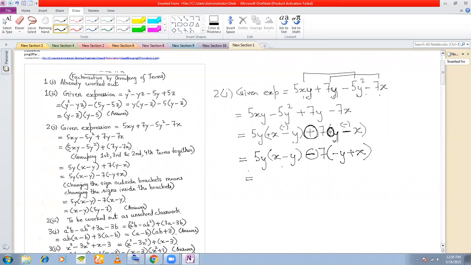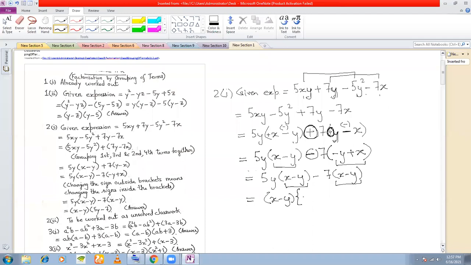Okay, so now what happens? Now you see, this is x minus y, and this is also x minus y. So now we write this 5y(x minus y) minus 7(x minus y). Now we can take out x minus y. From these two, if we are taking out x minus y, what are we left with?